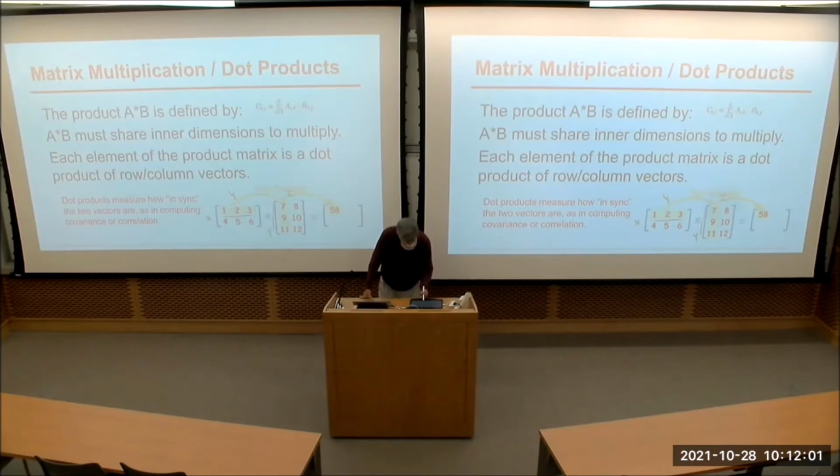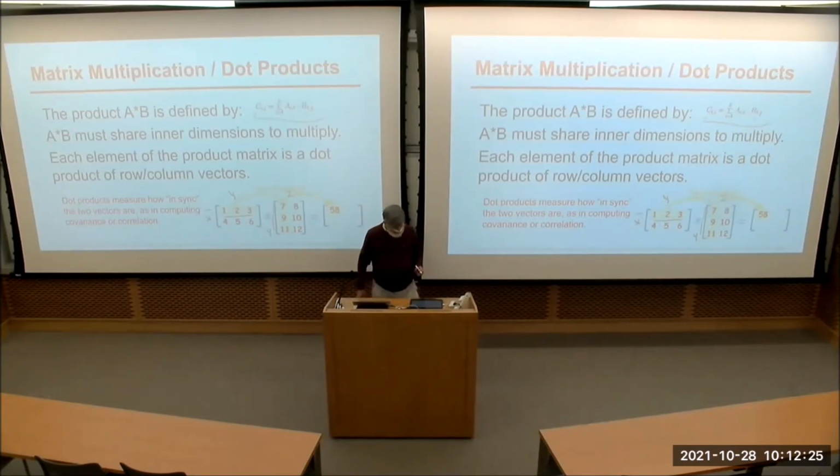The dot product is simply going to sum up over the k pairs and multiply the corresponding elements. So the dot product of the first row and the first column was 7 times 1 plus 2 times 8, 9 plus 3 times 33.